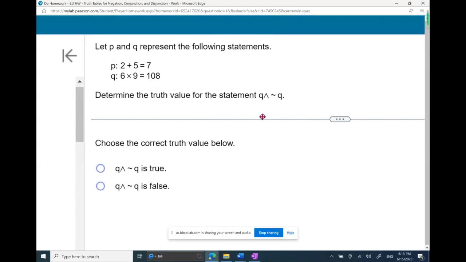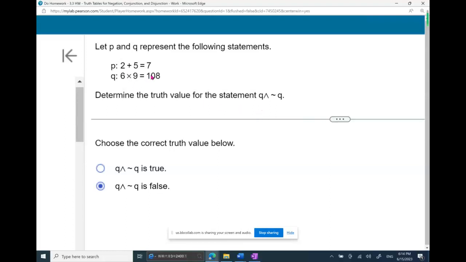Since one component is false, the conjunction definitely is false. Because for this conjunction to be true, both components have to be true. And you know what? We don't have to consider not Q. We only need to know they are not both true.